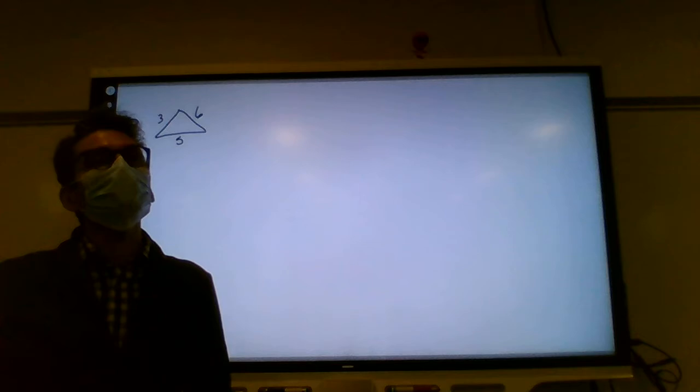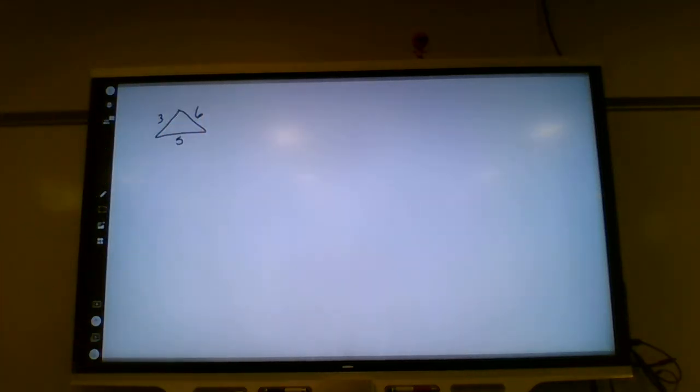Any two of the sides, if you add their lengths together, that sum has to be greater than the third one, right? So 3 plus 5 is 8, that's bigger than 6. 3 plus 6 is 9, that's bigger than 5. 5 plus 6 is 11, that's bigger than 3. So yes, we do have a triangle that has these lengths on the sides.